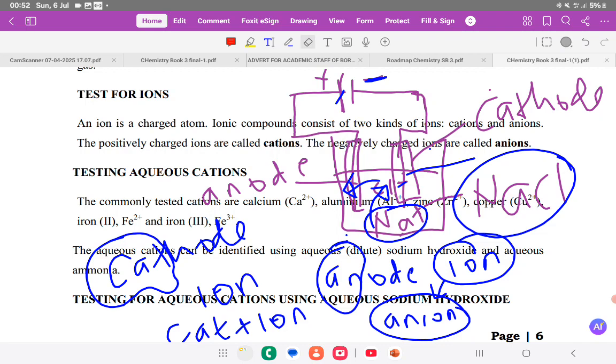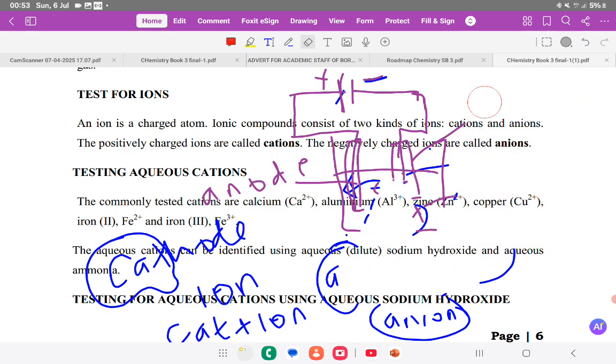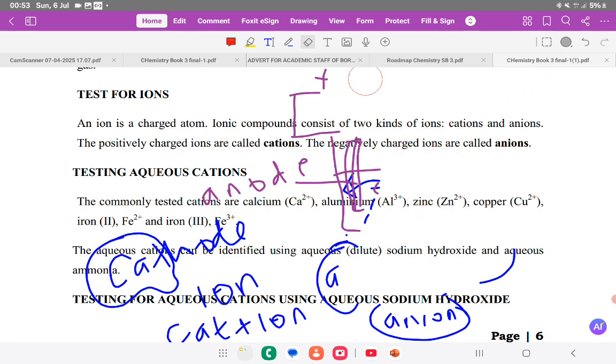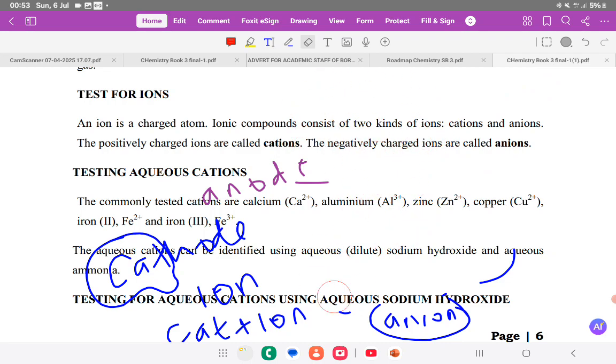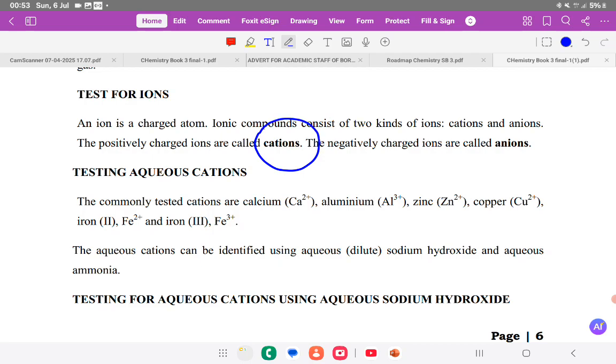That's very important, just for your knowledge. You may not be asked to explain the origin of the names cation and anion. That's an inferior type of question. So that's basically what we are saying. We have two types of ions. We have cations, which are positive, and anions, which are negative.